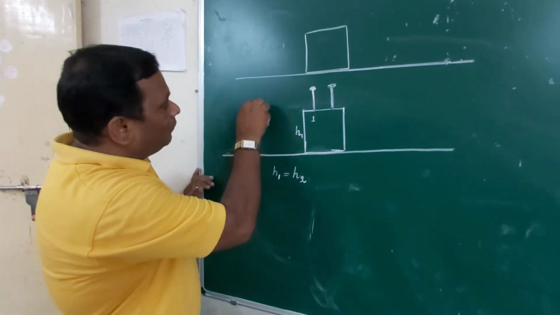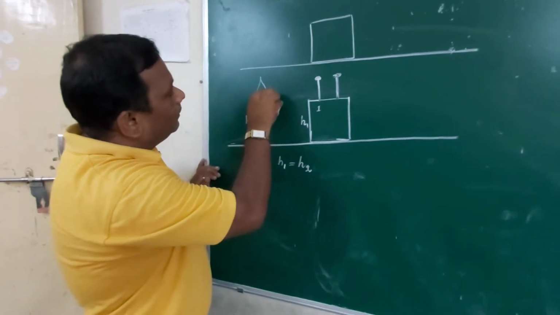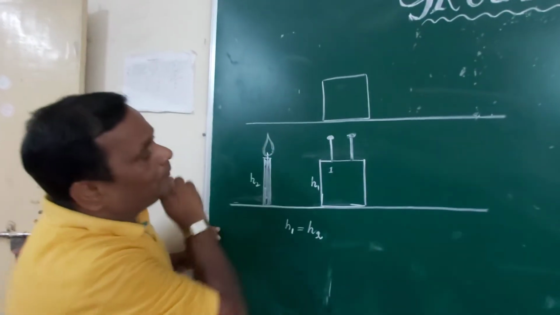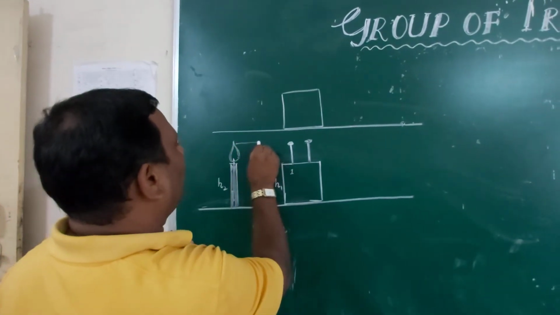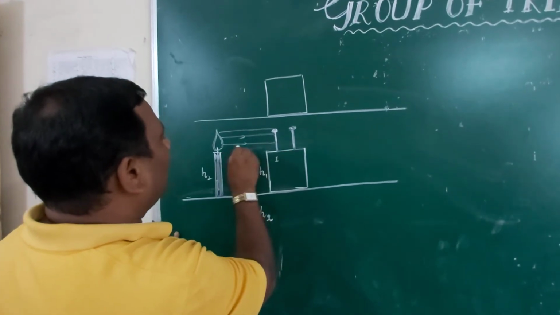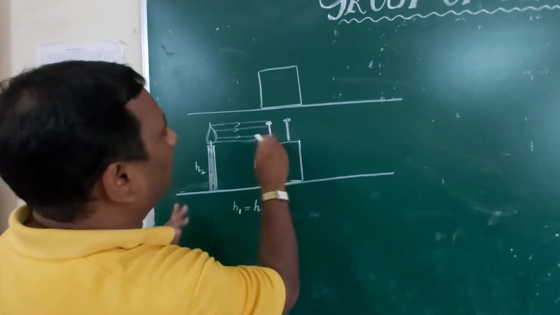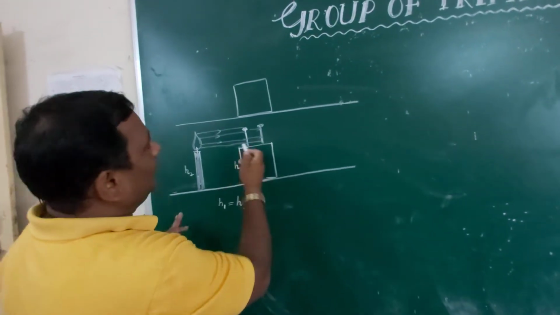Then here is the flame of the candle, right? This is called the candle flame. And from the candle flame, the light is falling on the pins, right? Light falling over the pin. Then definitely the pin is what?